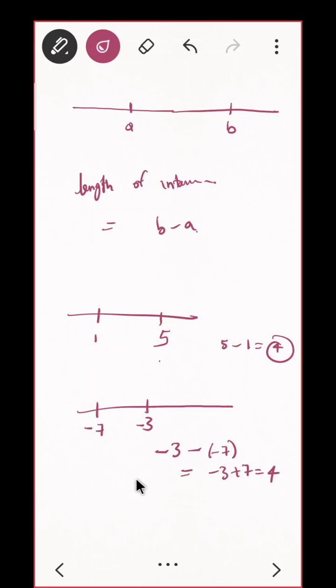Can I write the length as, I should put one more example. In between there is 0, and see this is 2 and this is minus 3. What is the length? Correct? And one more thing, length is always positive, so it is better to define this b minus a as mod of b minus a. Is that okay?